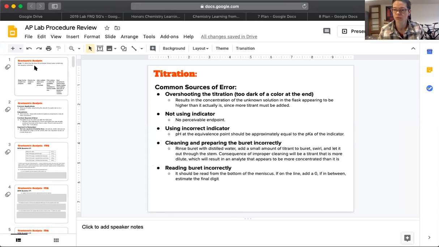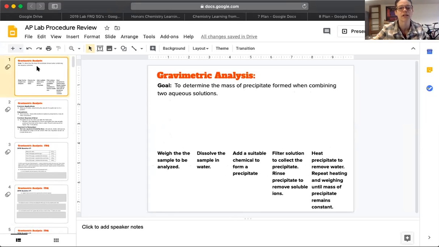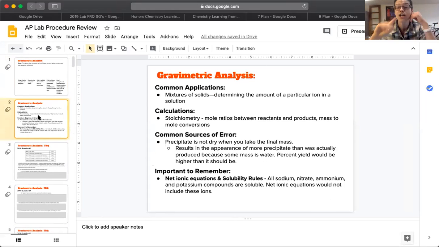So if you want to go through this on your own as well, it goes through all the pictures and the tips and all that sort of stuff. So this is also linked at the bottom of the weekly plan.